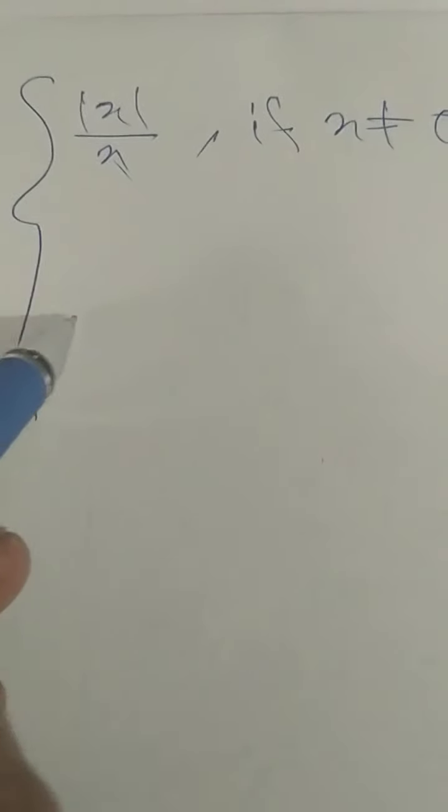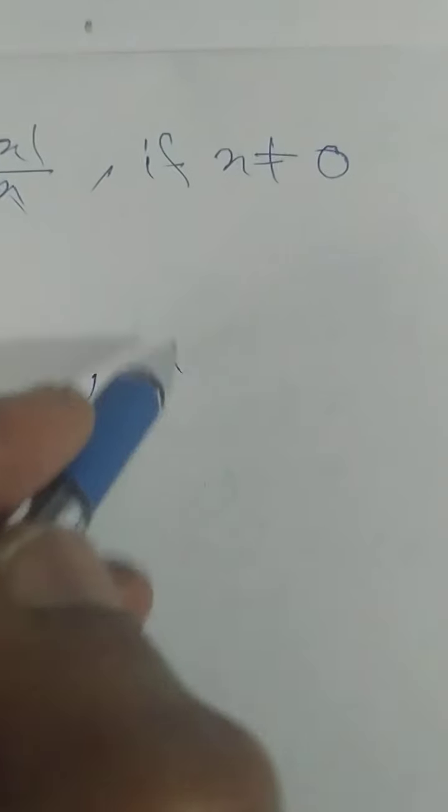Let me consider the function defined by f of x is equal to mod x by x if x is not equal to 0, and it is given by 1 if x is equal to 0. We need to discuss the continuity of this function at the point x is equal to 0.